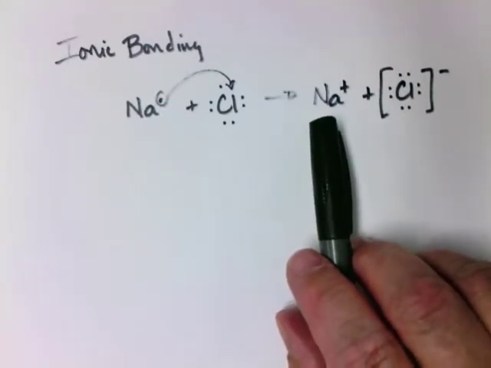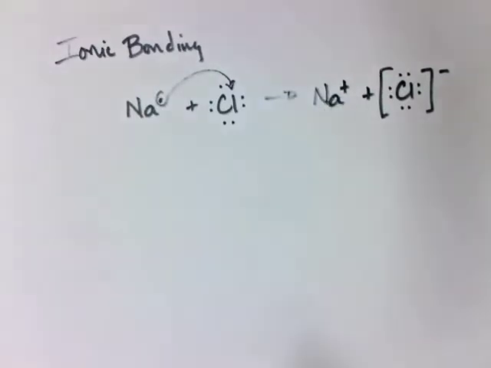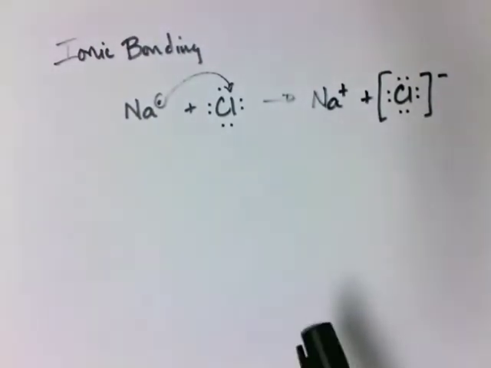It has a noble gas electron configuration, the same electron configuration as neon. And so it's more stable having lost that electron. Chlorine, on the other hand, or the chloride ion, I should say, having gained an electron from the sodium, now has the same electron configuration as argon. And so it too has reached a noble gas configuration.